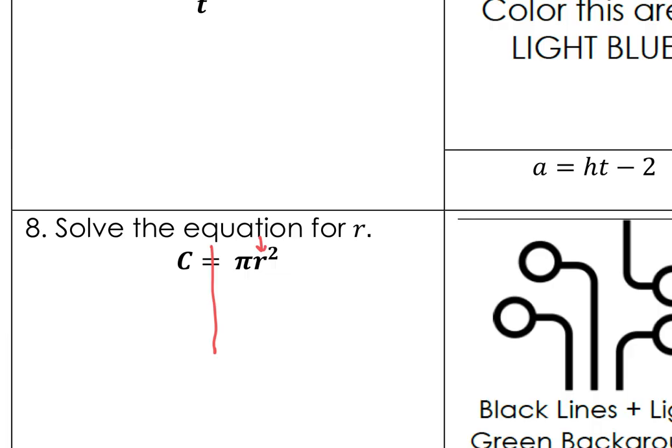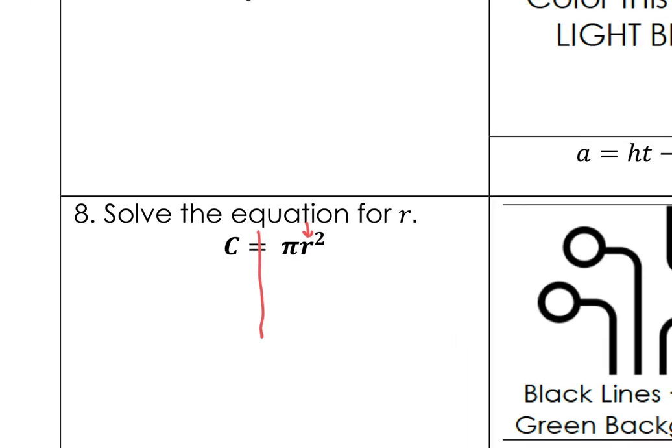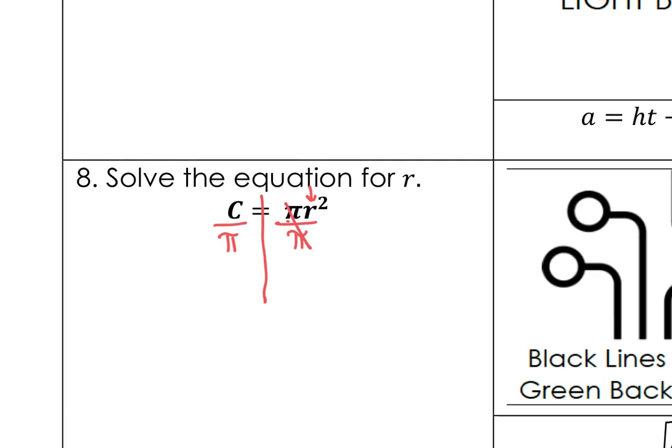So in this case, we do need to get rid of the coefficient before we get rid of the exponent, and it's only because there's an exponent here. If the r squared is being multiplied by pi, we're going to divide by pi. We can't actually divide by pi, so we just bring that down. C divided by pi equals r squared.